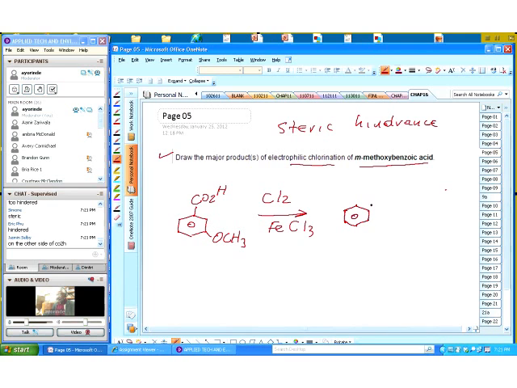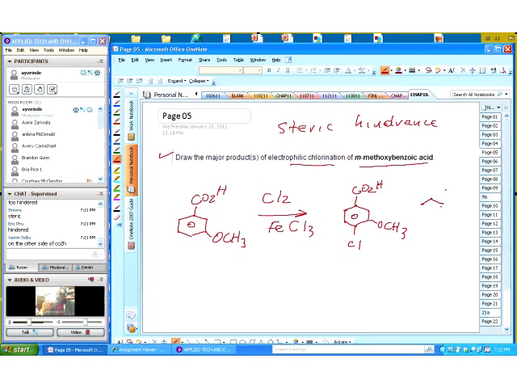So most of what we are doing so far is knowing what kind of director you have in this molecule and also knowing your reagents. Okay, so we have the methoxy here. And of course the chlorine will go here. That is one product.